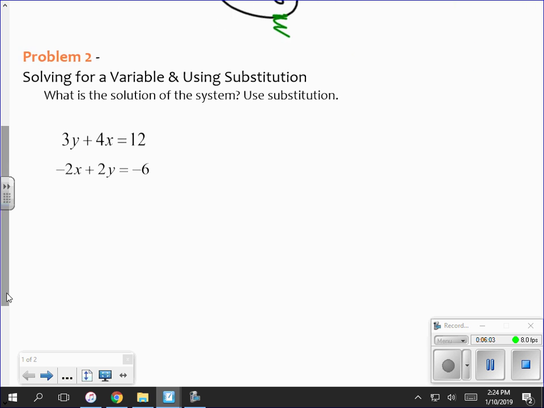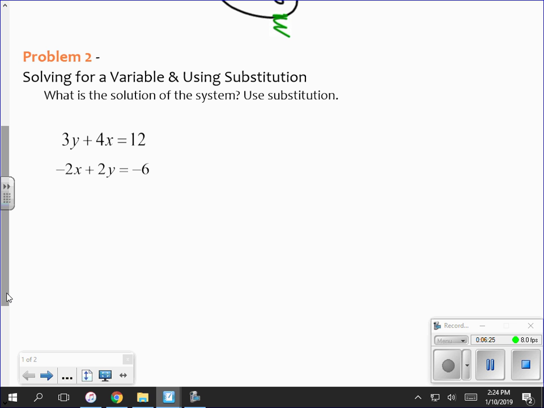So the second one. Oh, it's not pretty. The first two problems, I had y equals something. I had y by itself. To do substitution, you need to have either y by itself or x by itself.